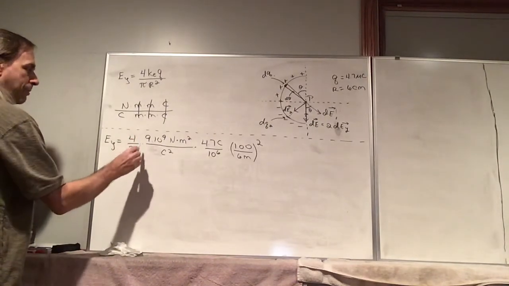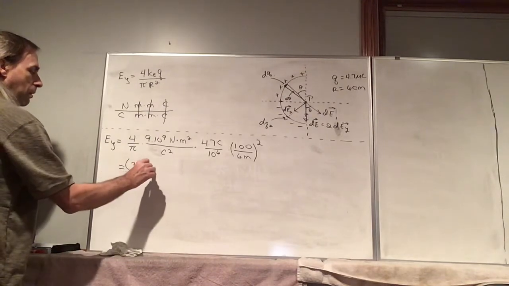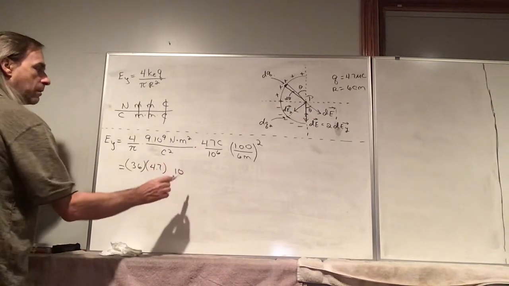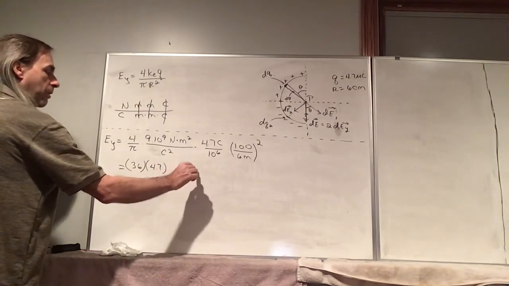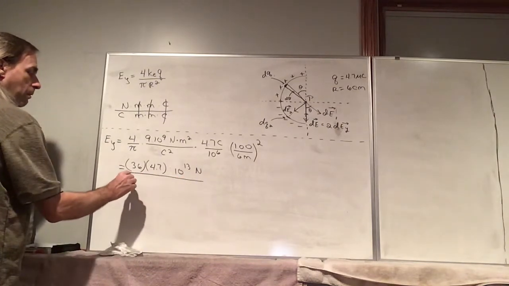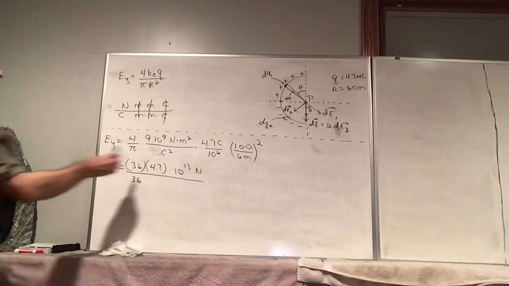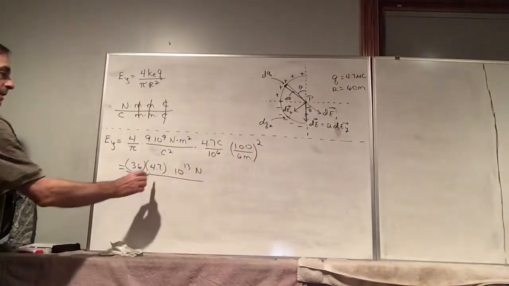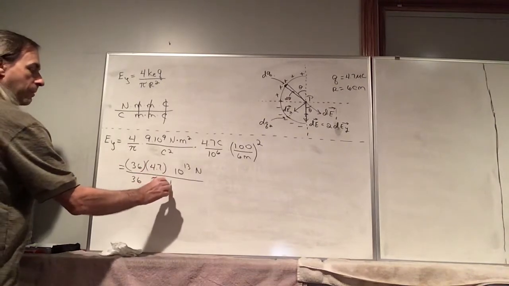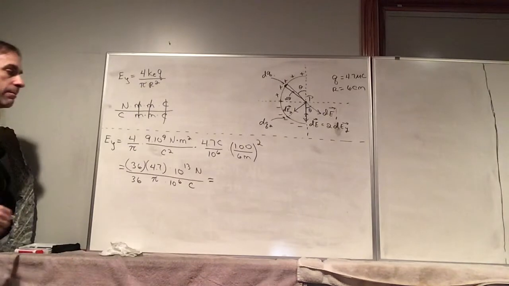So on top we have 36 times 4.7 times 10 to the 13. Oh, interestingly enough, we're going to get some cancellation here. 6 squared is 36. And then we have pi times 10 to the 6 on the bottom.